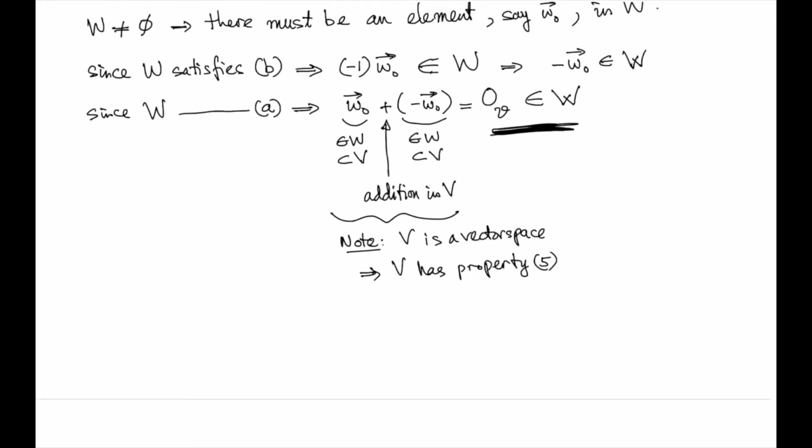Now this is key because now if we want to prove that 0W is in fact the same as 0V, we actually just need to show that when we add this newly found vector in W with anything in W, it will preserve the thing that you are adding to it.